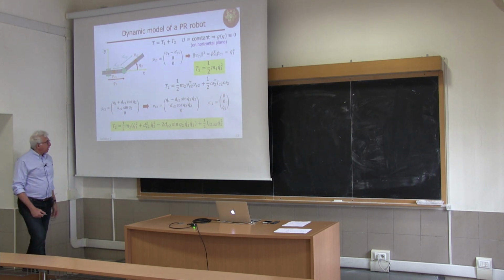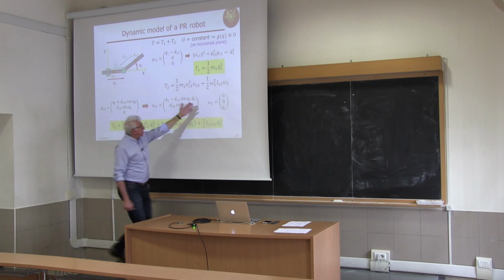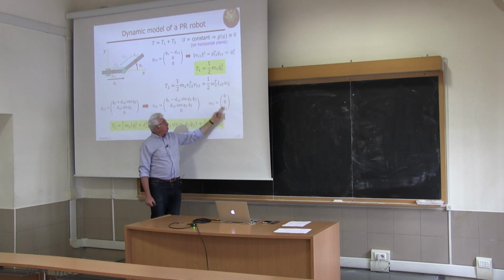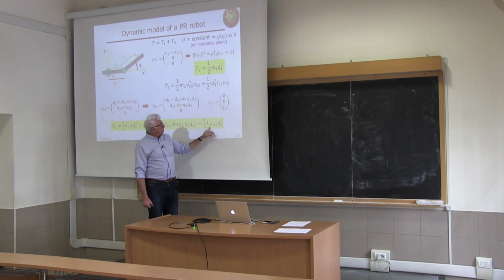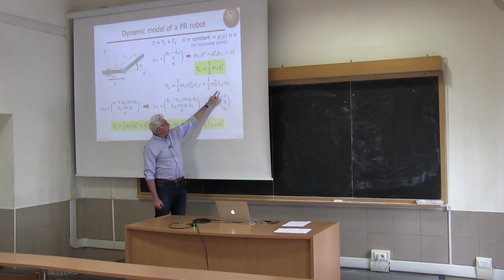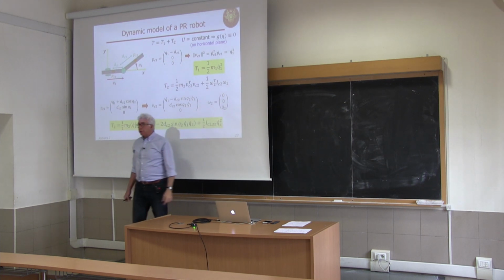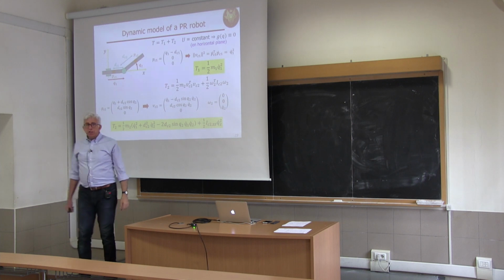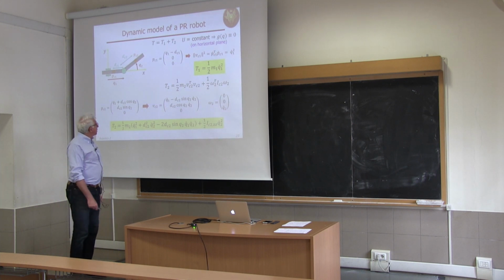Okay? And the second contribution here is q2 dot square, when you're doing this product, multiplying the element zz, so the last element on row 3, column 3 of the inertia matrix of the second link.